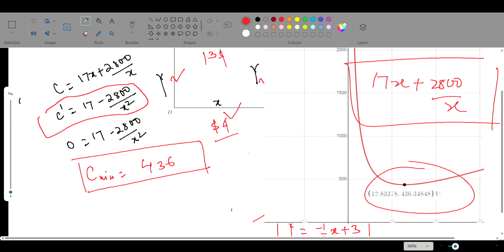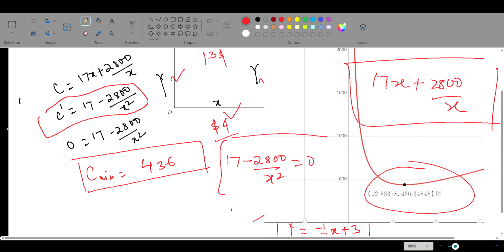I don't know why you didn't get the value for x here, which is 17 minus 2800 upon x square equal to 0. You should use the n solver here. It says no solution found. Okay, it says 5.48. There must be another value. How do I know what you're writing in the calculator?